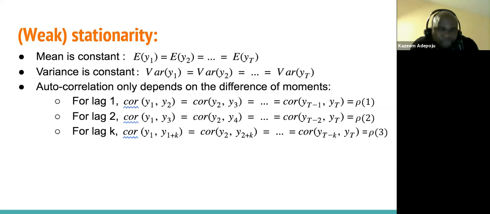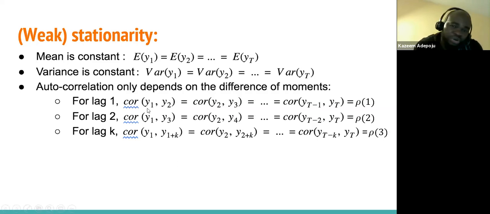The autocorrelation that I talked about the other time depends on the difference of movements, and I'm going to walk you through what I mean by that. If you take a look at the first one here, for lag 1, it's one lag distance apart.